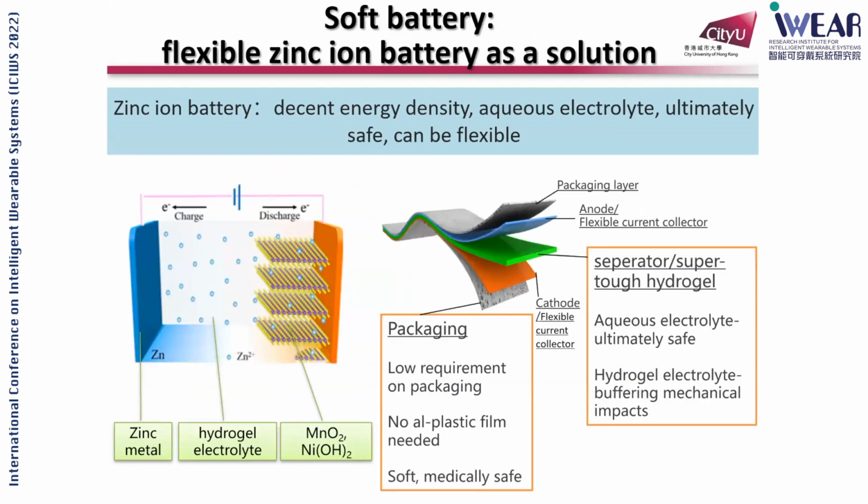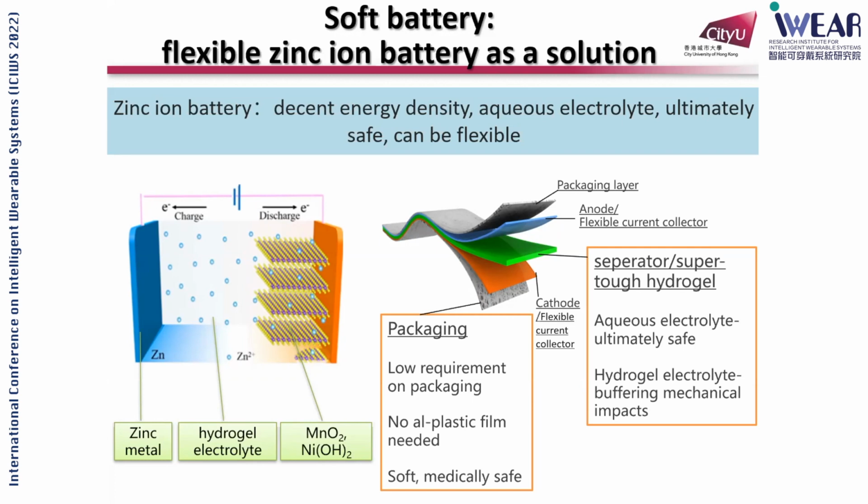In the other sense, if you go for soft batteries, omnidirectional flexible batteries, we think that zinc-ion batteries can be a solution. It has decent energy density. I'm not saying excellent, it has decent energy density. It uses an aqueous electrolyte, which gives it very good safety performance.